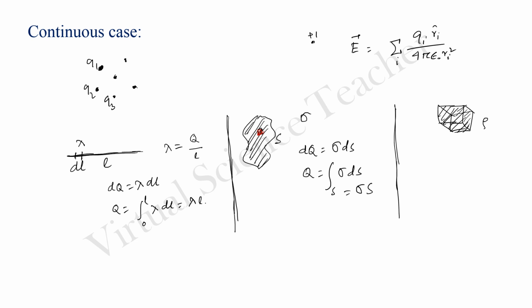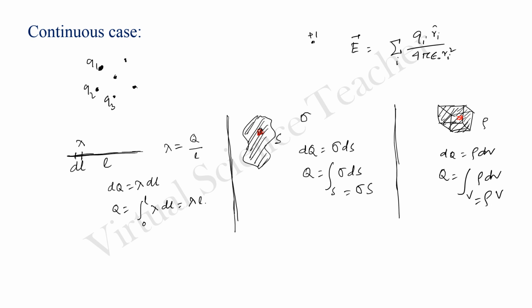If we consider an infinitely small volume dv over the region, then the charge due to this volume dv is dq equals rho into dv. So the total charge will be the volume integration of rho dv, that is rho into V. This is the case of charge for the continuous case.